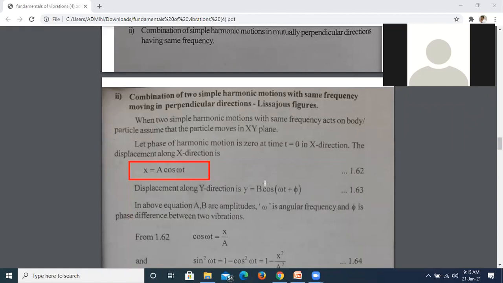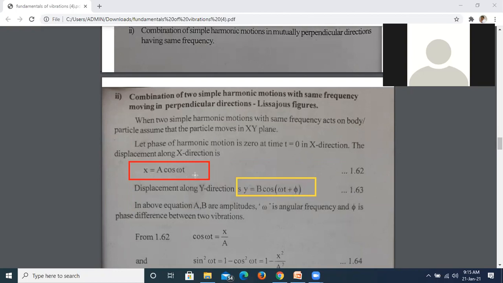Now the second equation, the second simple harmonic motion acting along the y direction, is y equal to capital B cos(omega t plus phi).